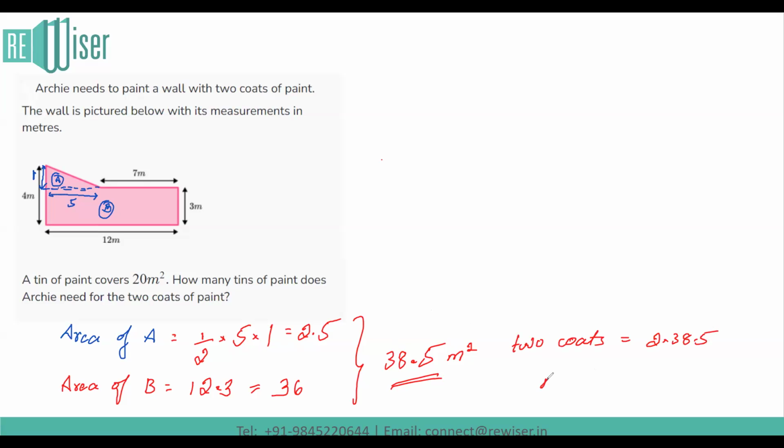In that case, the number of tins required should be 2 times 38.5 over 20, which is nothing but 3.85 tins, or basically we need 4 tins of paint. Got it?